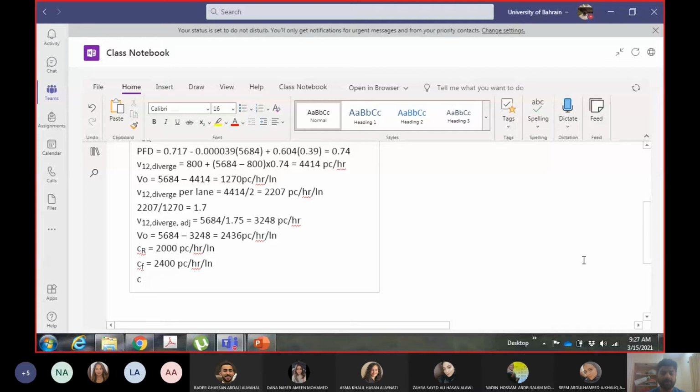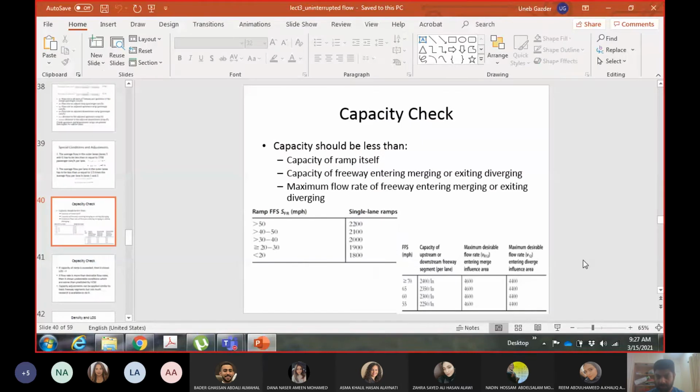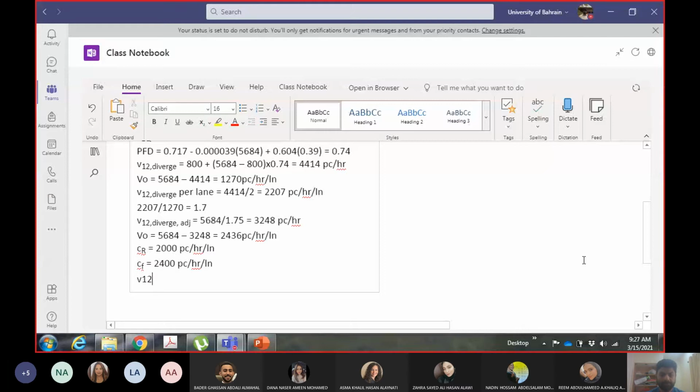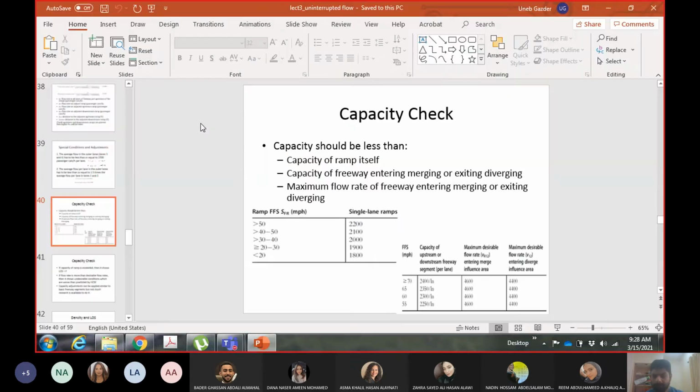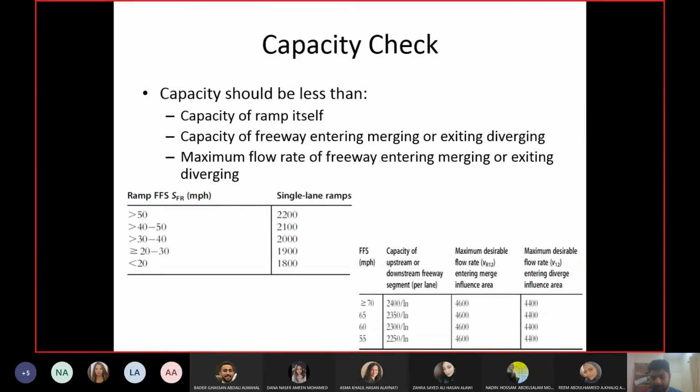Then the capacity of the ramp influence area, the two adjacent lanes, they are calling it V12. So we have a diverge area, so it is not per lane. You can see here it is not per lane. It is 4400. Let me just make it bigger. So this is 2400. This is the ramp, 2000.